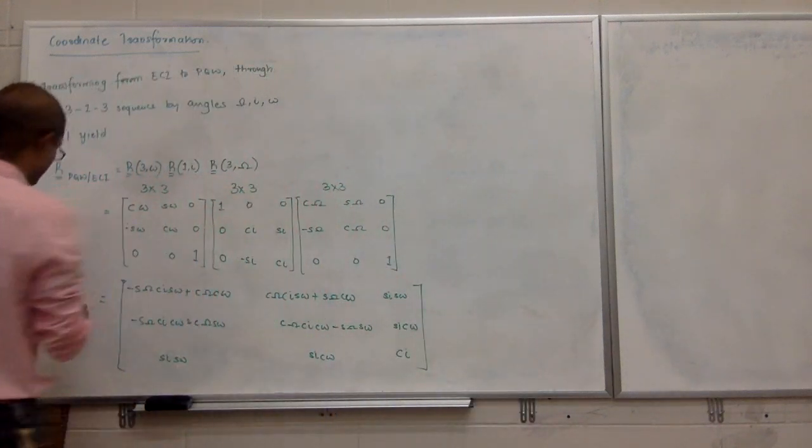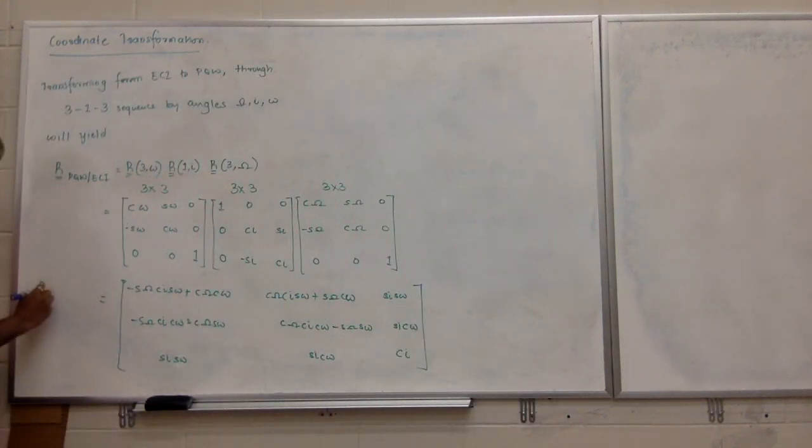So this is your rotation matrix for going from ECI to PQW.